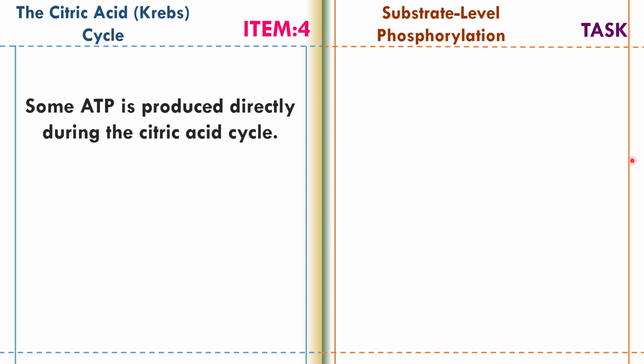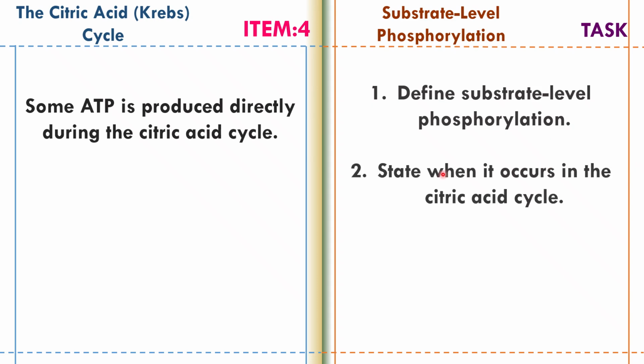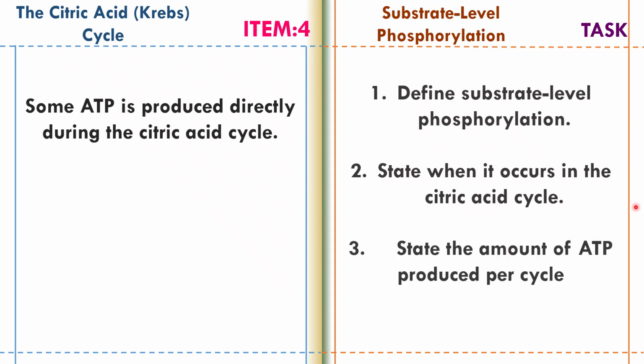Task: define substrate level phosphorylation. State when it occurs in the citric acid cycle. State the amount of ATP produced per cycle.